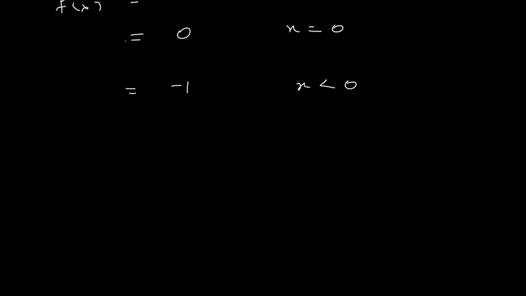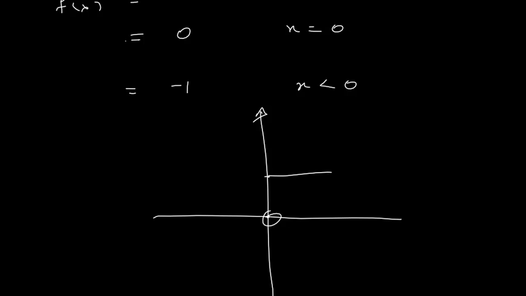So if I plot, what will I get? When x is 0, the value is 0, so 0 is here. When it is 1, 2, 3, 4, anything, it is going to be at 1, so I will get a straight line like this. Now, when x is 0, I cannot use this value 1.